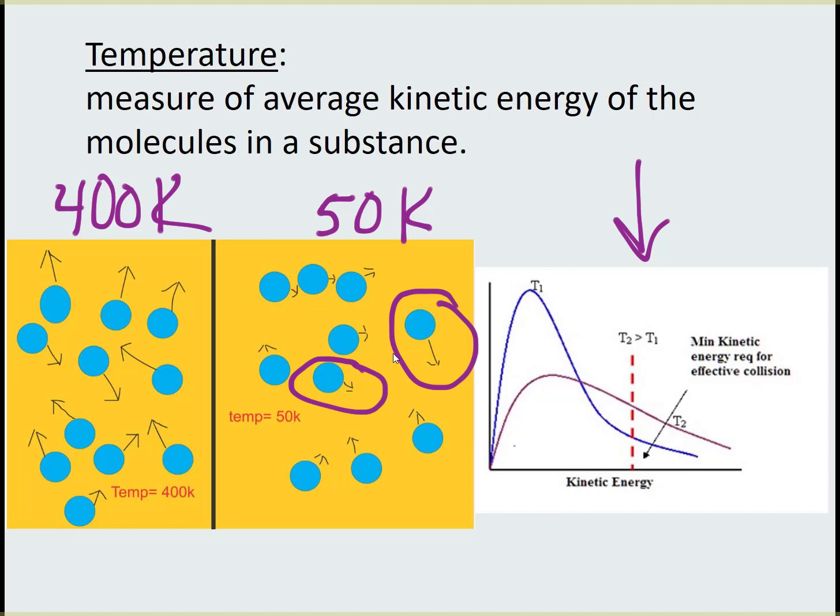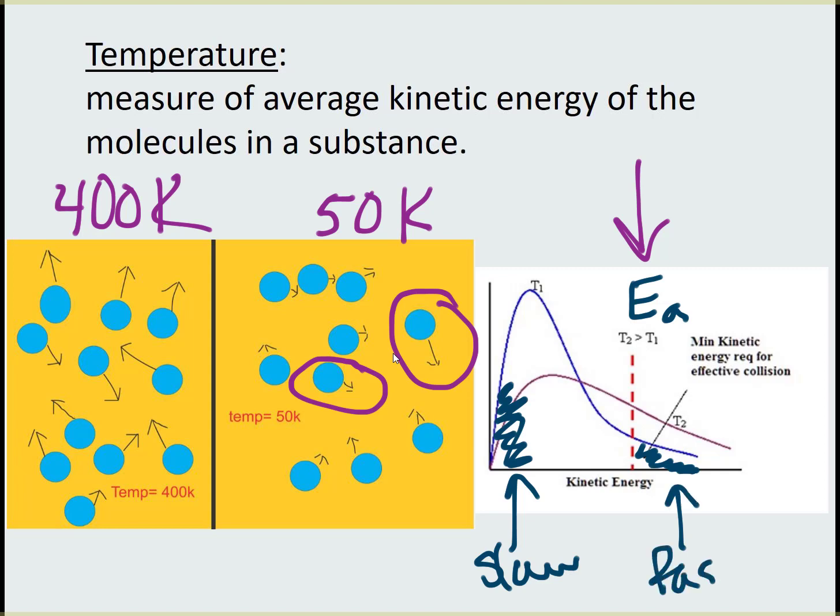You see that you have molecules that are moving slower, but you also have molecules that are moving faster. Now this red line right here is representing the activation energy. Above this certain energy, those molecules can react in some sort of reaction.